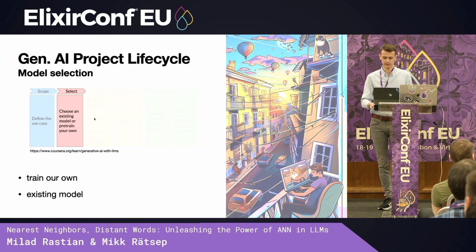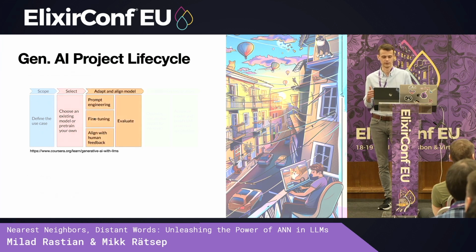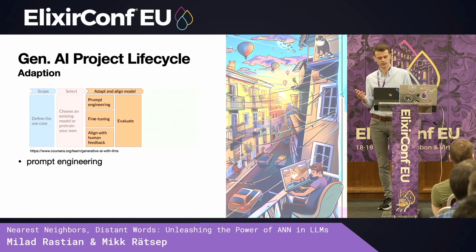After we have zeroed in on a model we like, we can further refine it. To do this, we have multiple tools to choose from. We can engineer the prompt in a way that consistently produces the output we want. This is easy to play around with, but could be hard to get just right. If we earlier chose an existing model, we might fine-tune it to shape it more to our use case.